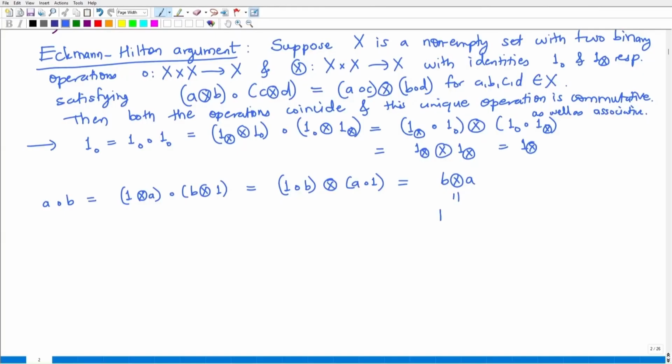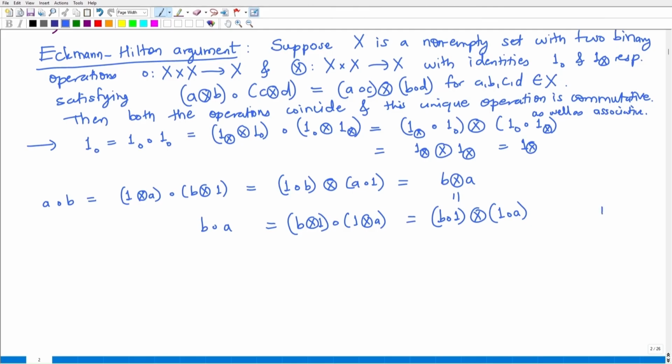We can use (B circle 1) tensor (1 circle A). Again we will use B tensor A. So done. This shows commutativity, and similarly you can complete the proof for associativity.